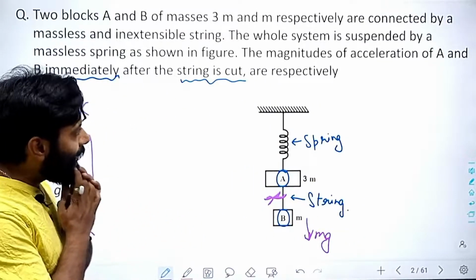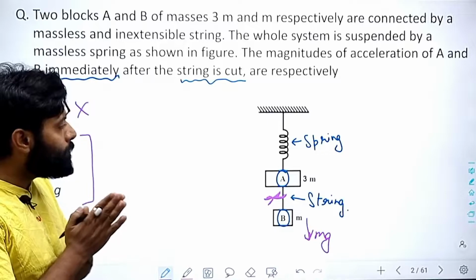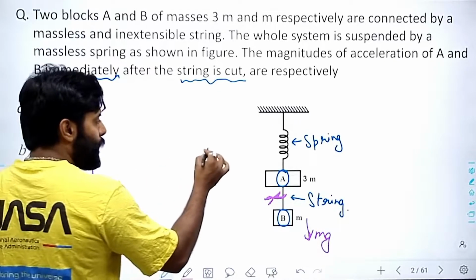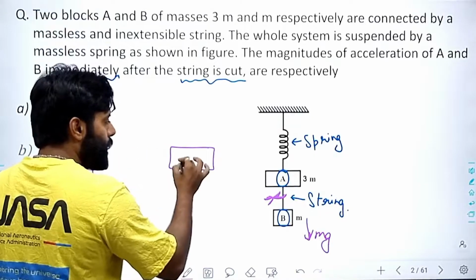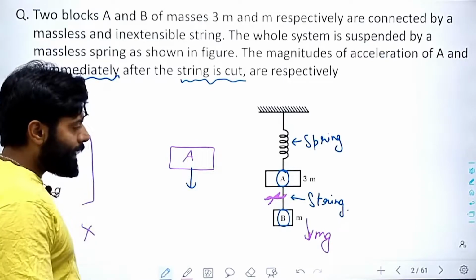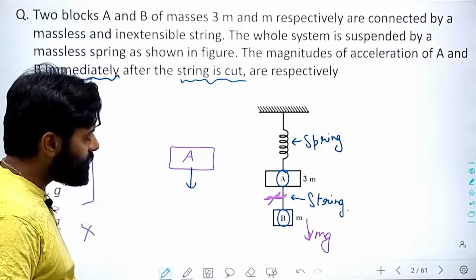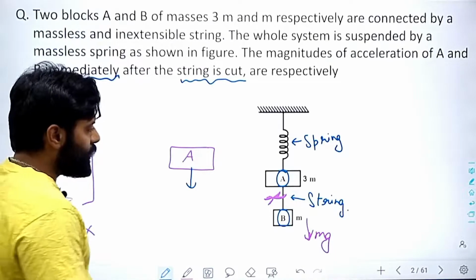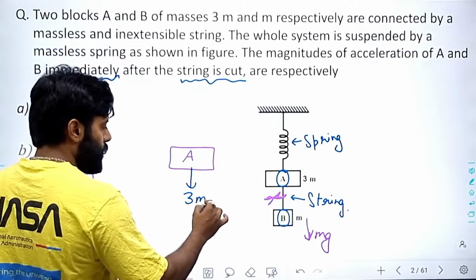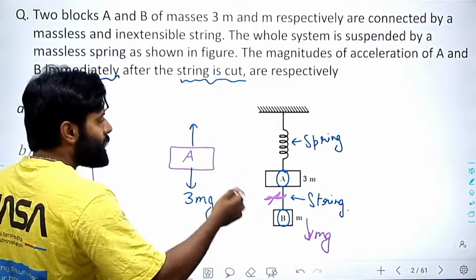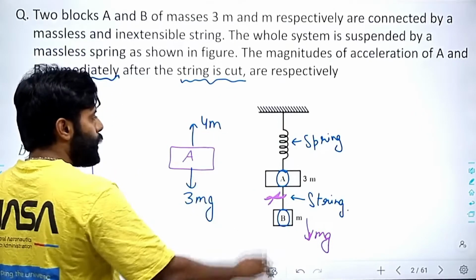And now for calculating the acceleration of A, we have to do something. If I draw the free body diagram for A, then what will happen? The force acting downward will be 3mg, and the force acting upward, previously, will be 4mg.